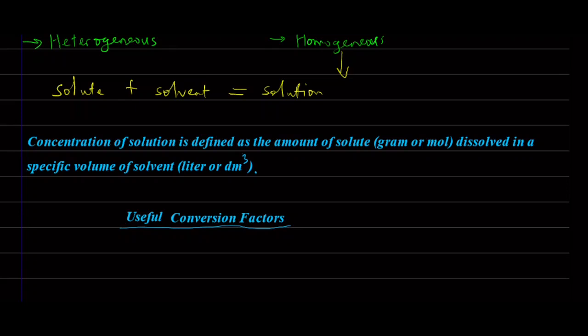There are some conversion factors that are very useful when dealing with problems related to this topic. The first one that we must be familiar with is 1000 centimeter cube is equal to 1 Dmq.